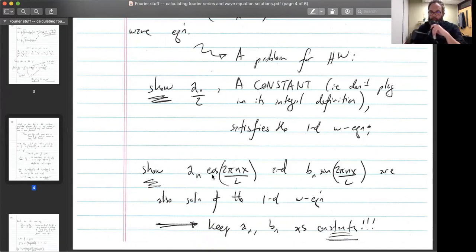What we are doing is making an argument that an arbitrarily complicated waveform, whatever complicated shape is propagating along this wave, can be broken down into the sum of simple sine and cosine waves. And we know how those sine and cosine waves behave on strings or electromagnetic fields or a medium like air that supports acoustic waves.